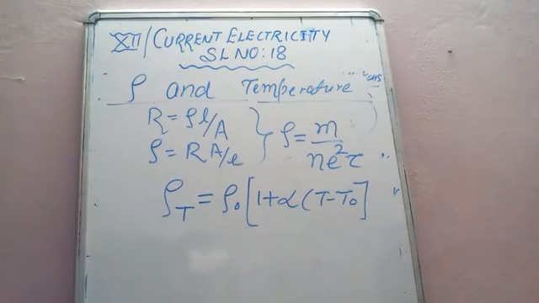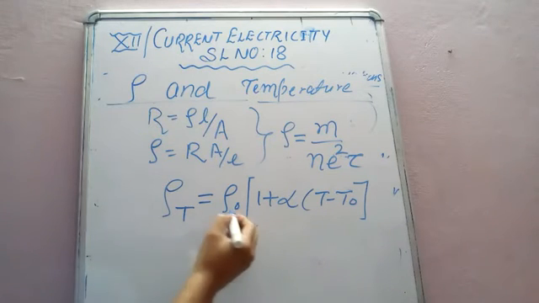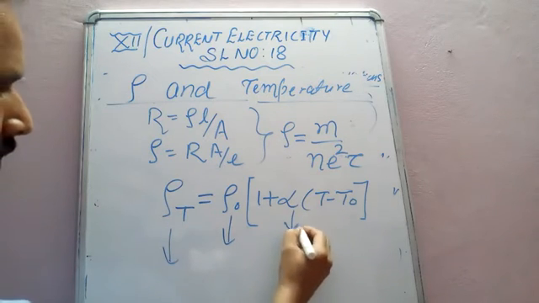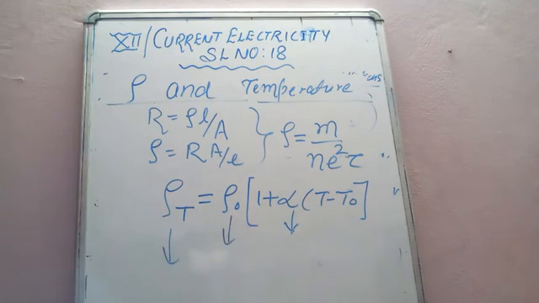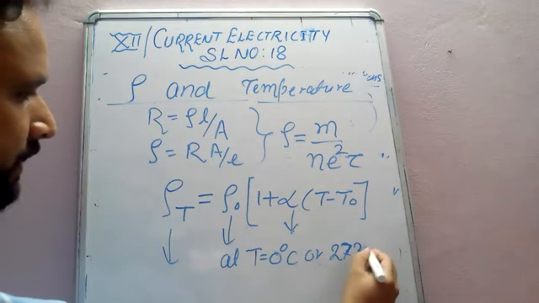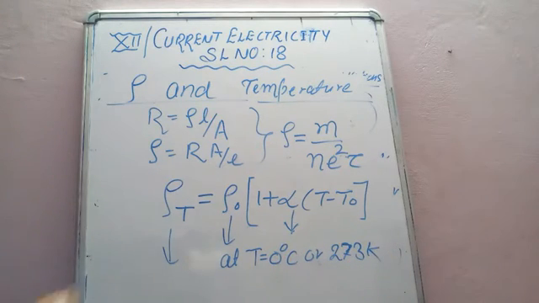Here, rho naught is the value of resistivity at temperature T naught equal to 0 degree Celsius or 273 Kelvin.